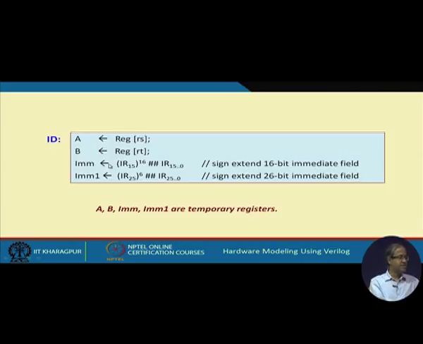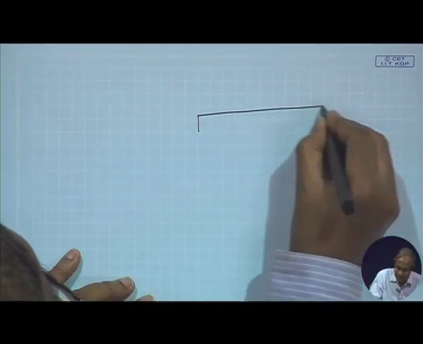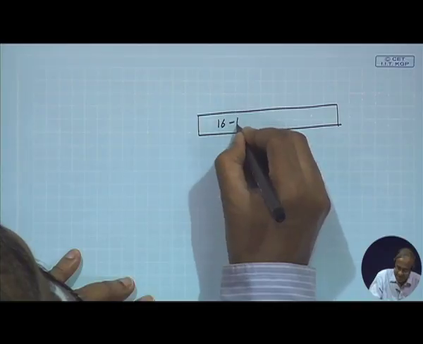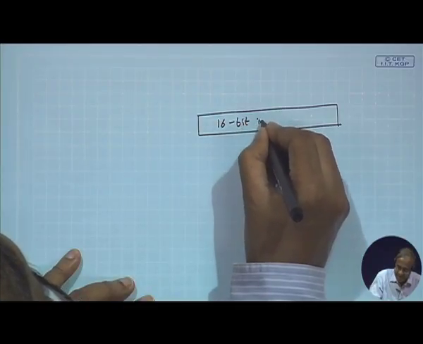Let us try to understand what we are doing here. You see we have a 16 bit immediate field, and we have to extend it to 32 bits. So we have a 16 bit immediate field.